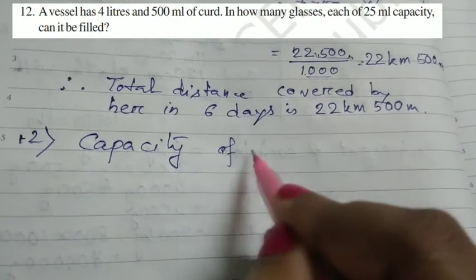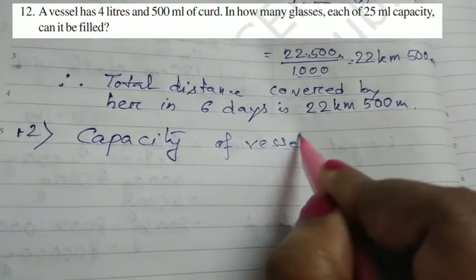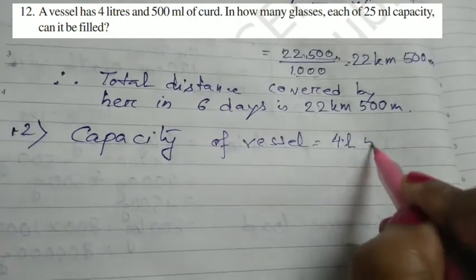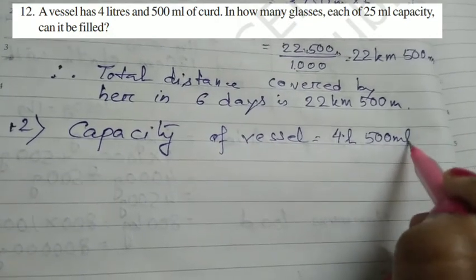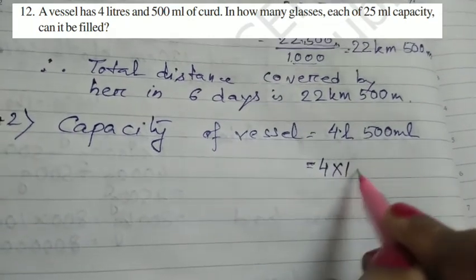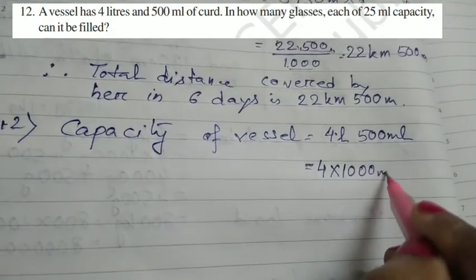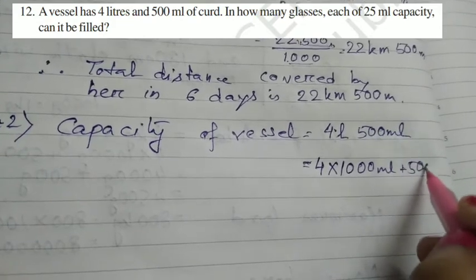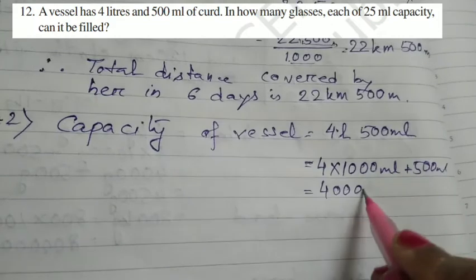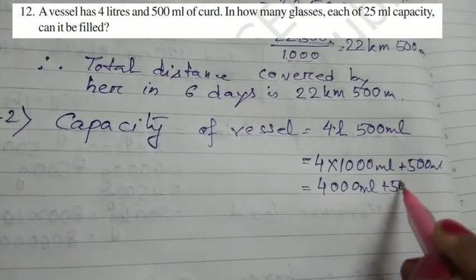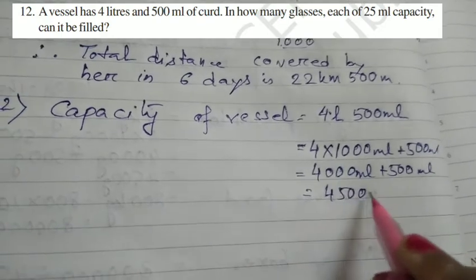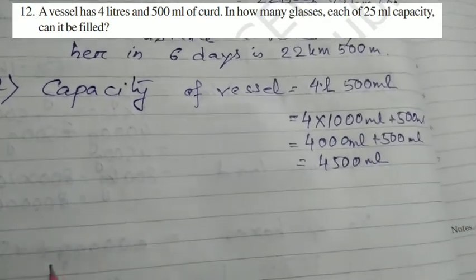Okay, capacity of vessel is equal to 4 liter 500 ml. Again I will convert into ml. So 4 into 1000 ml plus 500 ml. So always convert into the smallest unit so that it is easy for calculation.